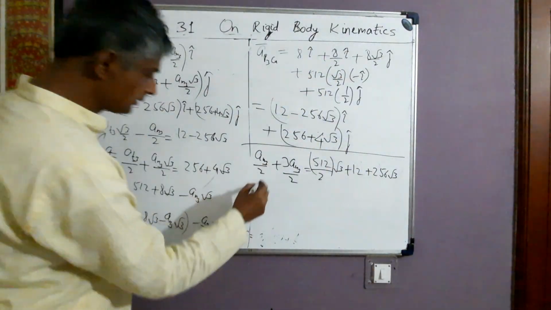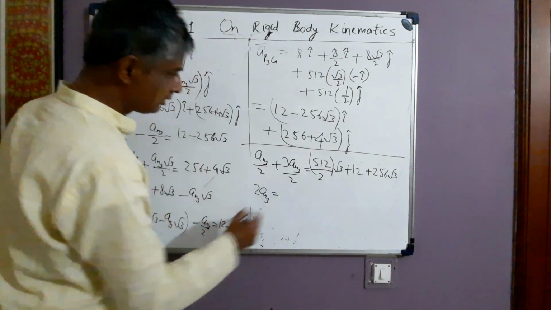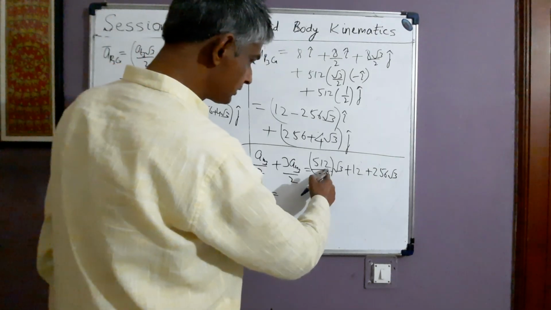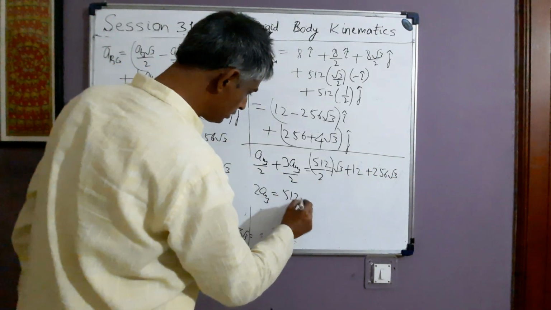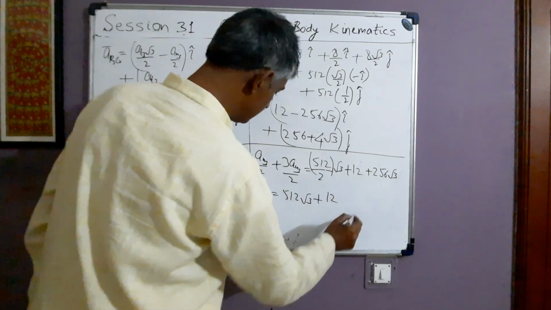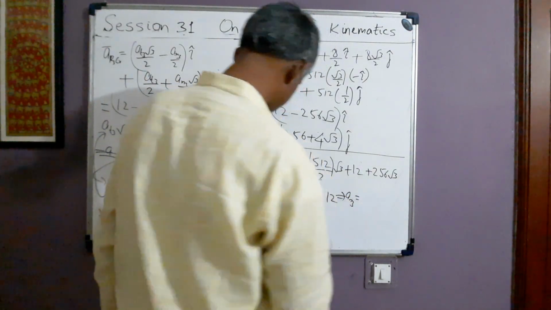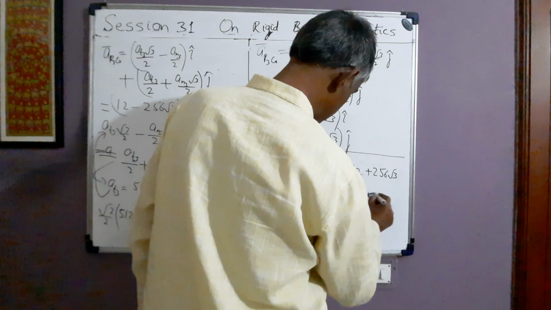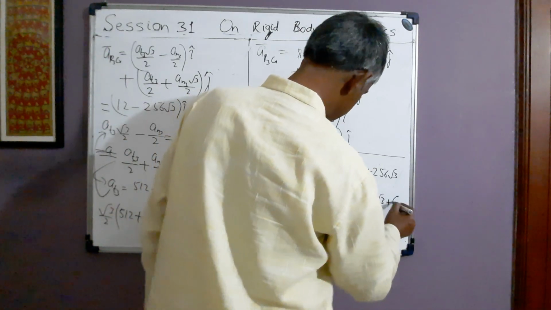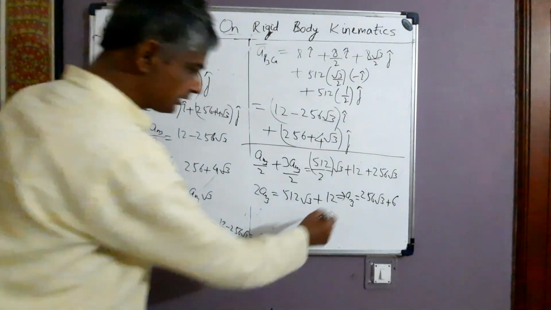So this becomes 2 a_N3, 256 root 3 plus 512 root 3 plus 12. So this implies a_N3 is how much? 256 root 3 plus 6. This is a_N3.